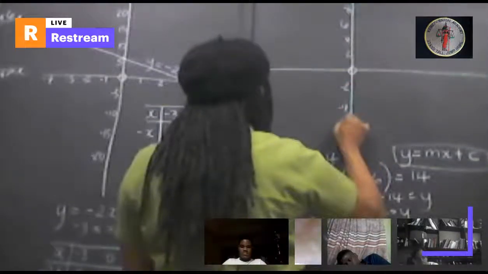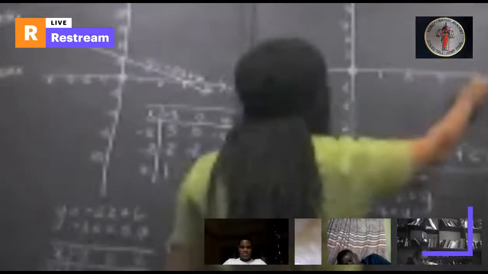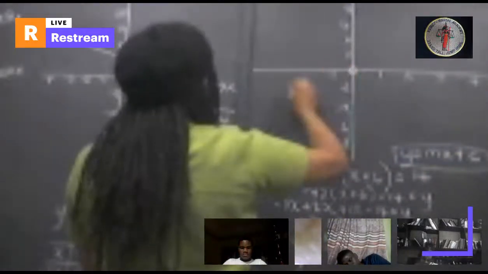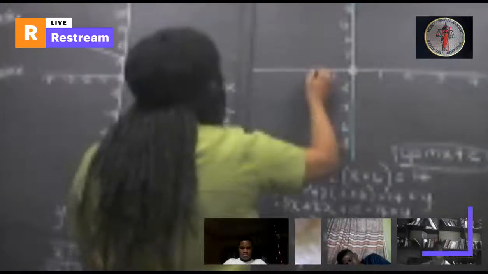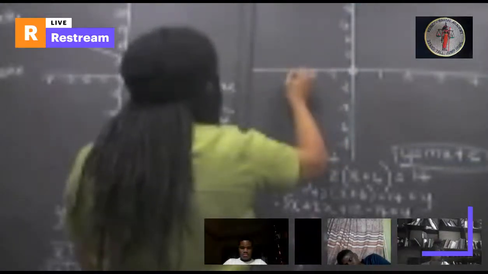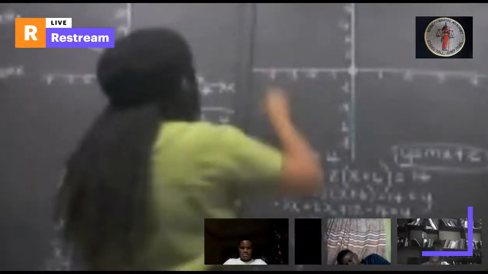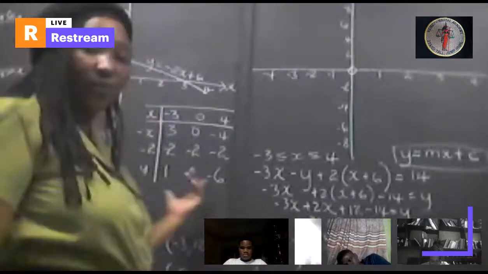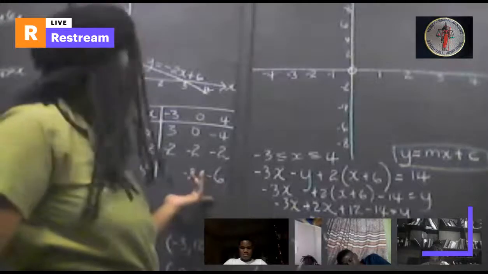On my x, 2 spaces to 1 unit. Sometimes when you're doing your graph, you can get some really big numbers, so be prepared to adjust your scale accordingly. Right now we're dealing with some baby numbers.